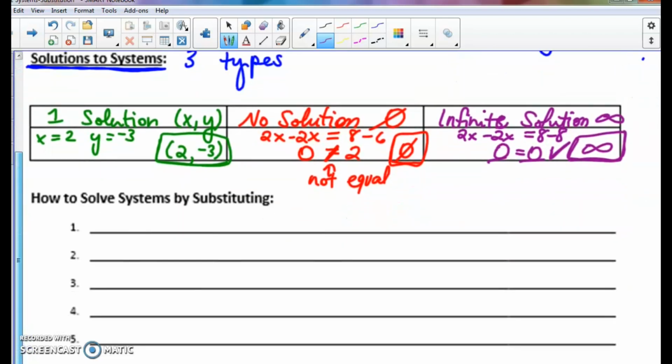Now let's look at how to solve systems by substituting. So the very first thing we have to do is make sure one equation is solved for one variable.